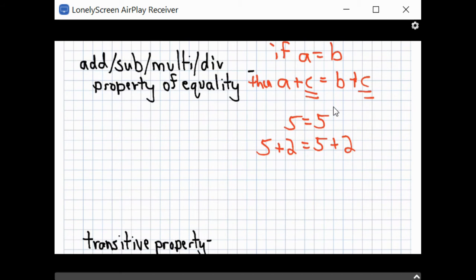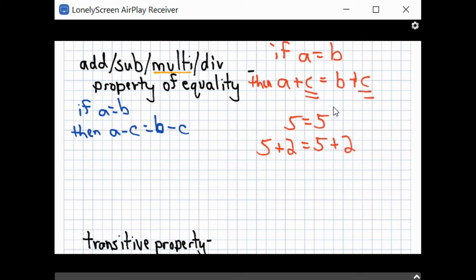Okay, subtraction, these are all just the same. You could write it over here. If A equals B, then A minus C is equal to B minus C. Same idea. If you subtract something from one side of the equation, then you need to, if you don't want to change the equality, subtract it from both sides.